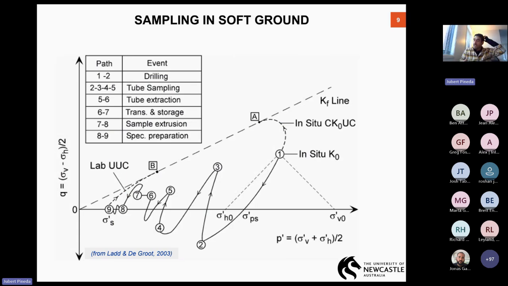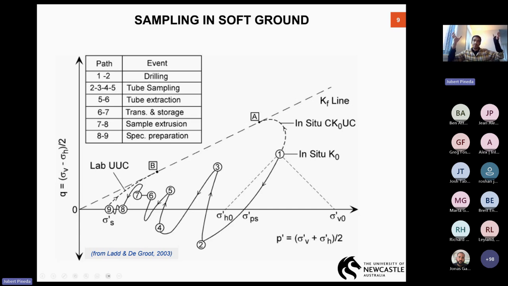But what is happening when we run a tube sampling campaign? This is the interpretation from the late Professor Charles Ladd and Don DeGroot in 2003. So the soil at in situ state is located in position 1. Under ideal conditions, if we were able to test the soil in situ without taking any sample, running a K0-consolidated undrained compression test under triaxial conditions, without taking the soil from the ground.